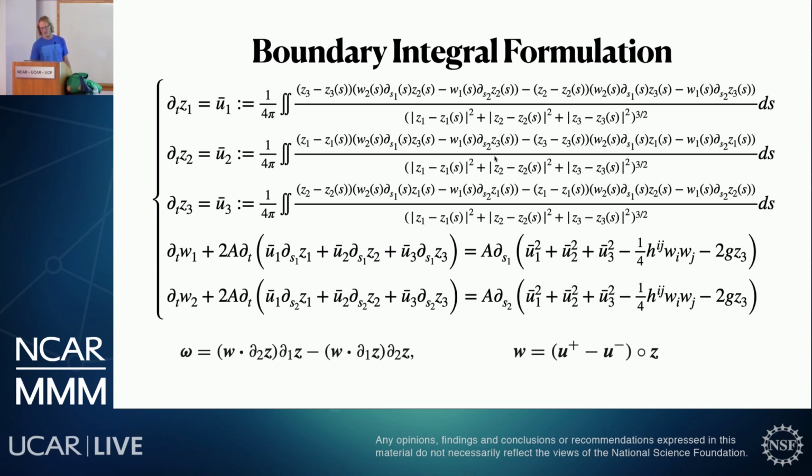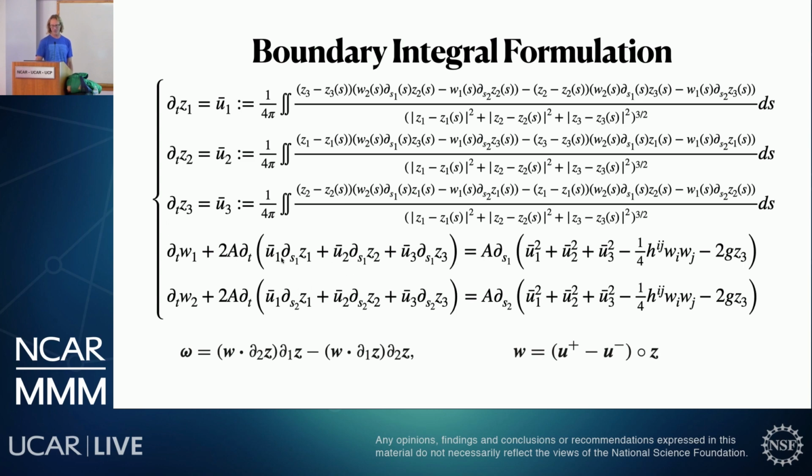This looks like a pretty complicated thing, but these first three equations aren't actually that bad to solve. What's complicated is that these components of vorticity, W1 and W2, have a very complicated evolution equation. The complication is that it's the usual time-dependent evolution, but then you see that there's a time derivative here acting on velocities themselves.